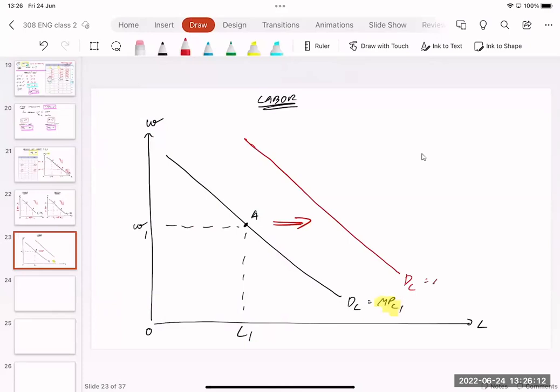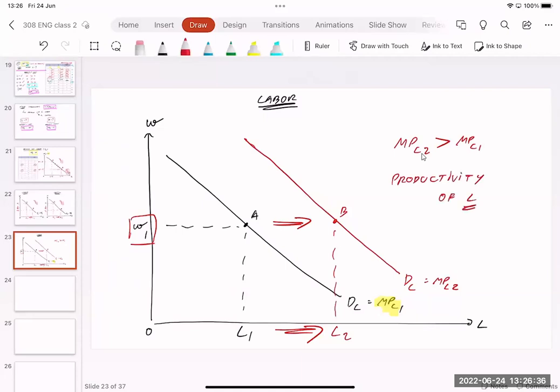This is DL equals MPL2, from A to B. The real wage is still the same, but right now the firm wants to hire more labor because labor has become more productive. MPL2 is greater than MPL1. The productivity of labor is increasing.